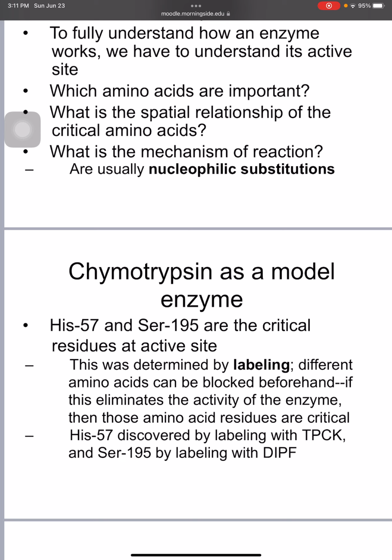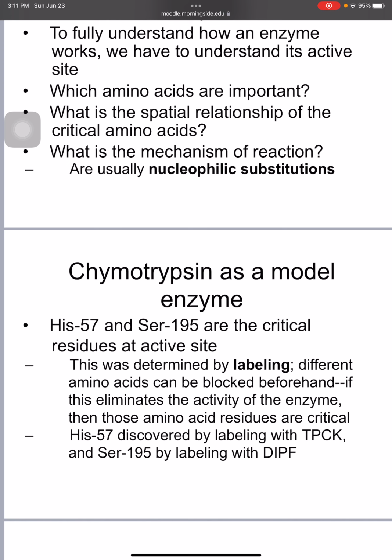Well, it's a painstaking process. Basically, you've got the polypeptide chain, and you have to go through a process called labeling. This is where you take each amino acid and sort of block off its activity, right? You sort of react its side chains with some sort of agent that means those side chains are not available to react when a substrate is present.